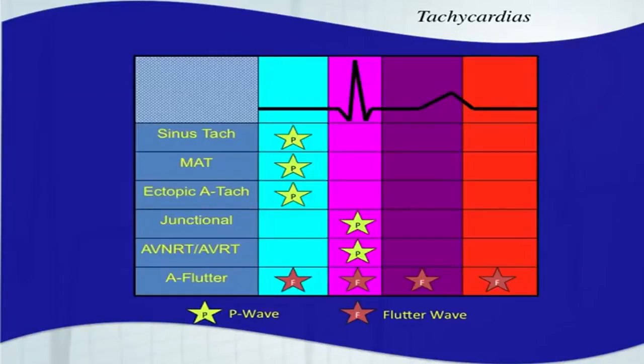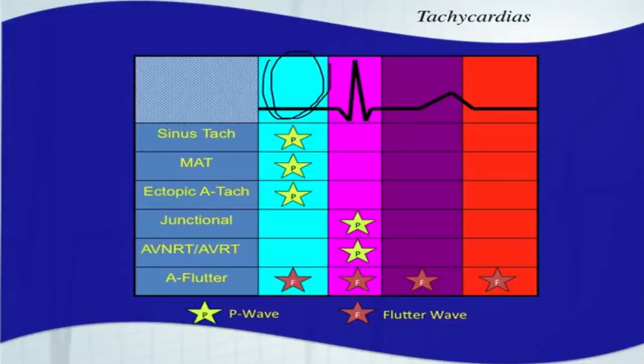So when we're talking about tachycardias, we've talked about a few different types of rhythms. So I want to go over some key concepts. With sinus tach, this is where your P wave will end up, in this area. Okay? With sinus tach, with multifocal atrial tachycardia, and with ectopic atrial tachycardia, now we know how to differentiate those. Sinus tach always has a very regular PR interval, with the P wave always maintaining the same shape, and it should be upright.